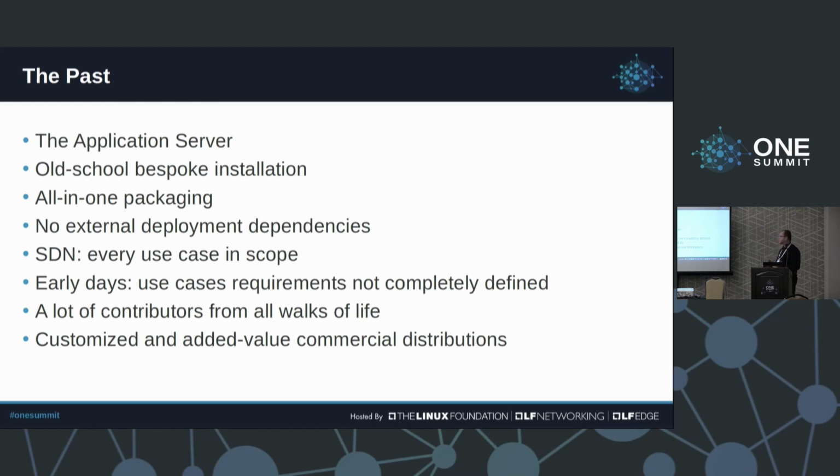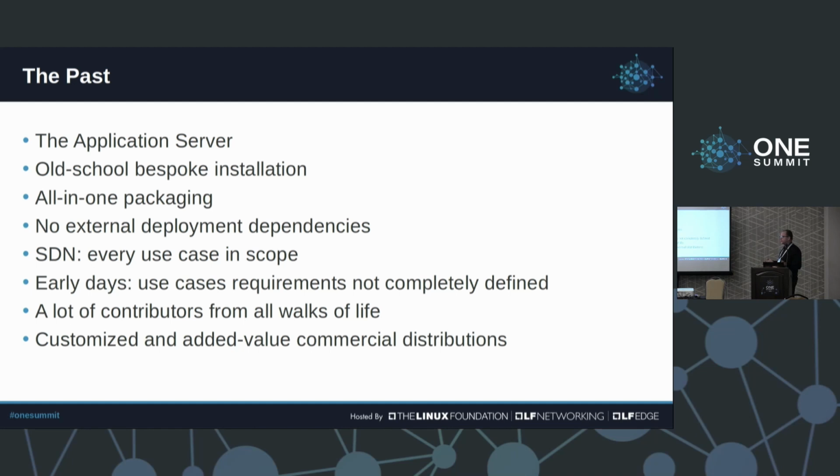It started off as your usual big honking Java application server, which you would install through some installation guide, probably from a commercial vendor, on a big honking server, potentially with a cluster, without any external dependencies. Then you would select your use case, potentially multiple use cases, spin it up, and hopefully it would work.